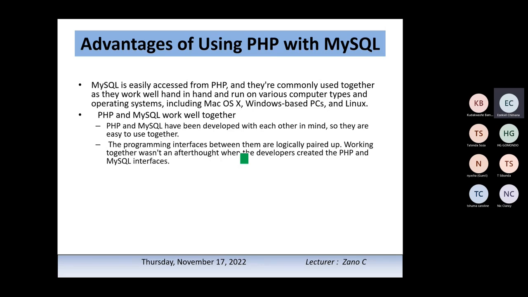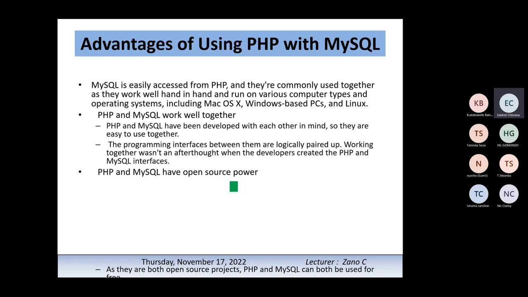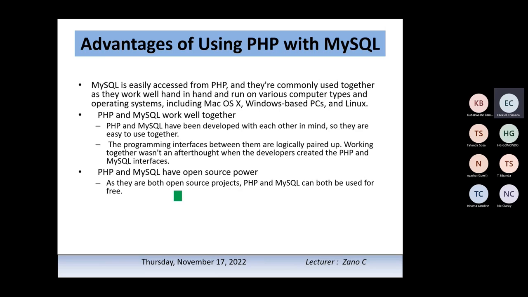When developers actually created PHP and MySQL, they were thinking that they were going to work together. So it's much easier to use PHP and MySQL. PHP and MySQL have open source power. As they are both open source projects, PHP and MySQL can both be used for free.